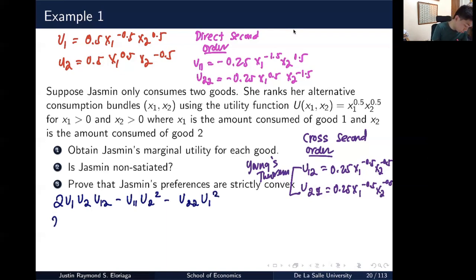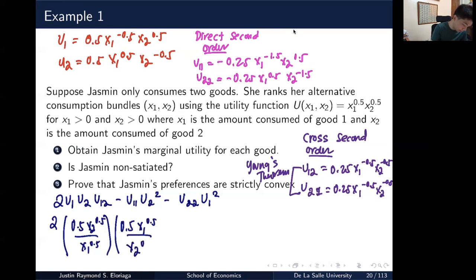Now you have 2 times u1, which is 0.5 x2^0.5 over x1^0.5, using a fraction to simplify. Then u2 is 0.5 x1^0.5 over x2^0.5. u12 is 0.25 over x1^0.5 x2^0.5.